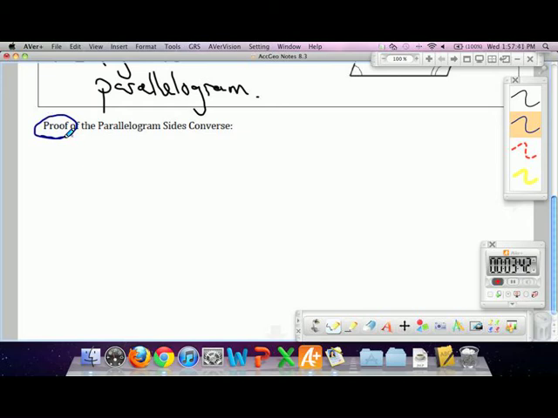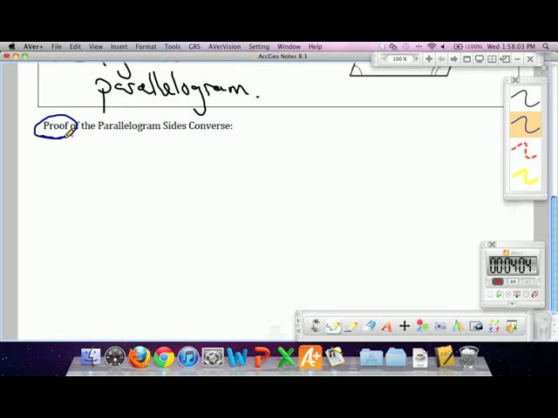I don't know what your instructor said in first trimester, but a proof is nothing more than explaining why this is true. We're going to explain with some evidence why this thing is going to be true.